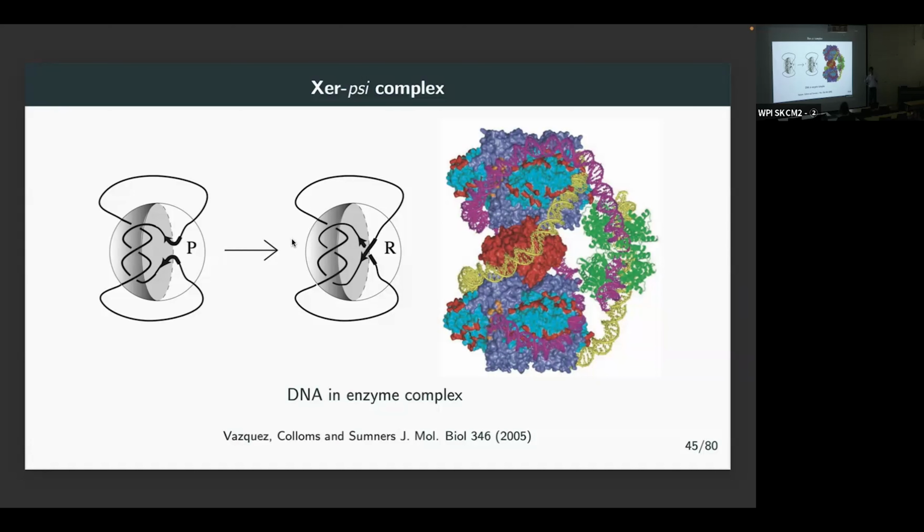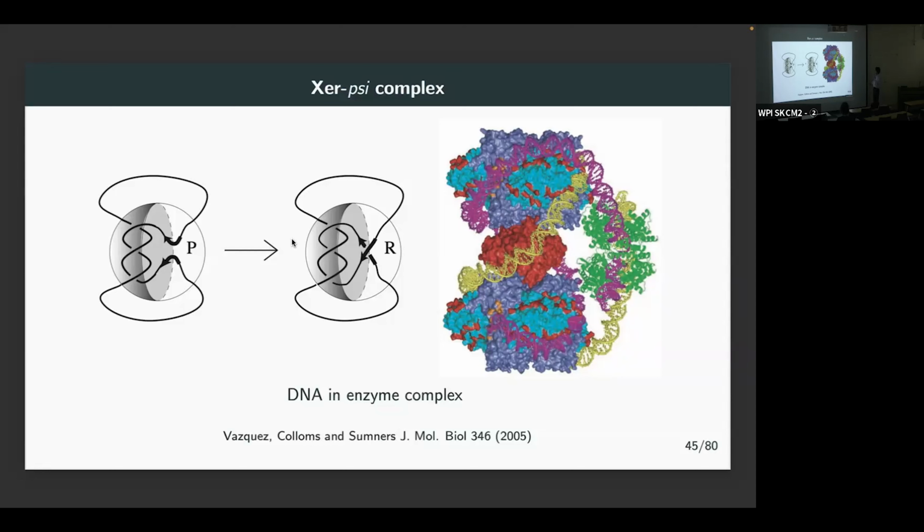The enzymatic part grabs part of the DNA. Sometimes it also grabs some crossings, and these crossings will be the reason for the change of the topology of the DNA. So this is a schematic. This is a molecule.